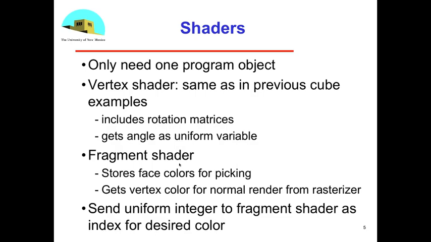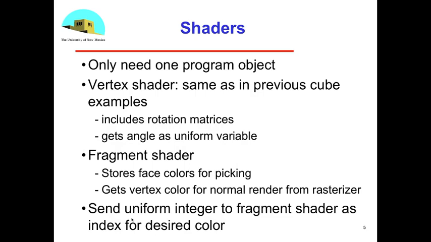Now the fragment shader is going to store, in this example, all the face colors for picking. It's going to have those 6 colors built in, and for the normal rendering, it wants to use the color that's coming out of the rasterizer, the color interpolated by the rasterizer.